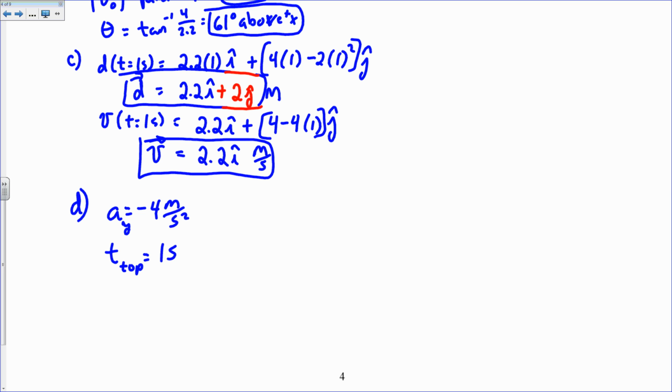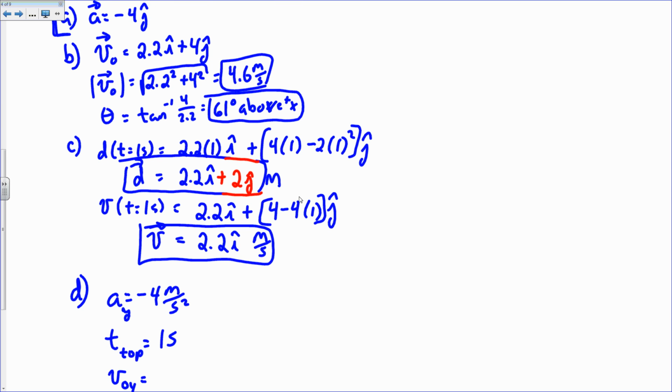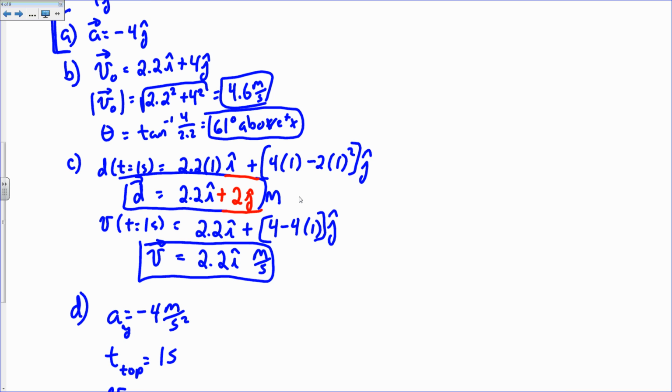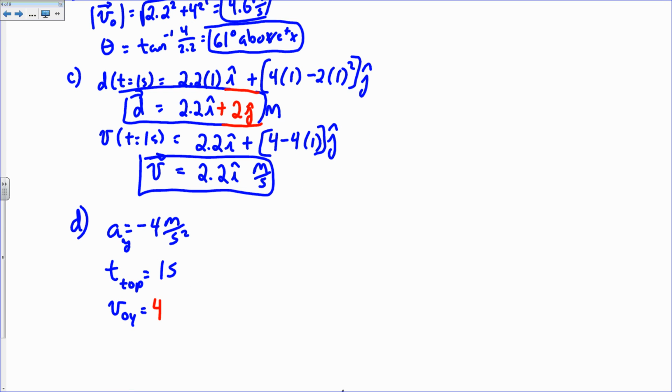So I also know that v naught in the y direction, from part B, is up here. It is 4 meters per second. All right, so now I can find my y. y is equal to v naught y t plus 1/2 a y t squared.